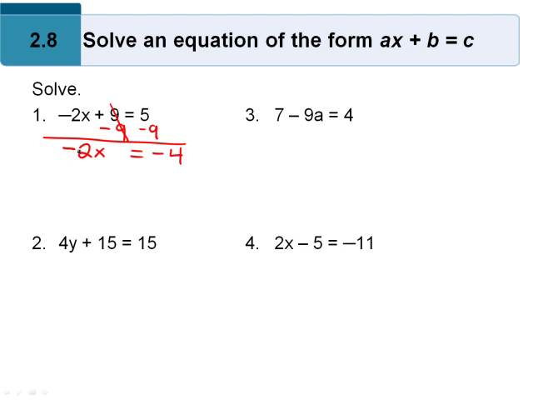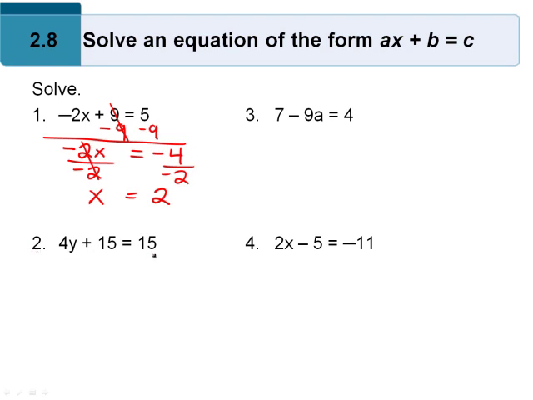So see, now it's multiplication between the negative 2 and the x. So I need to divide by negative 2 on both sides. The negative 2's cancel, and I get x equals negative 4 divided by negative 2, which is 2. So there's your solution.